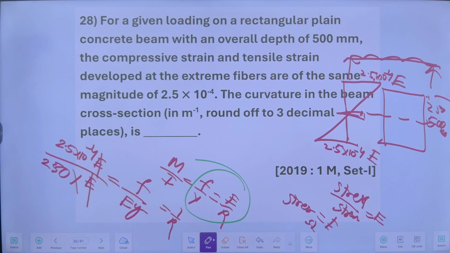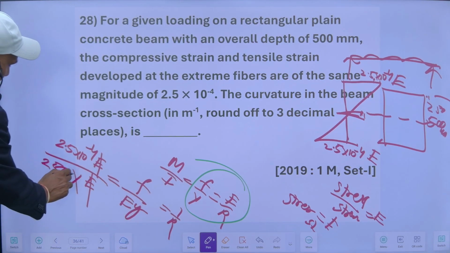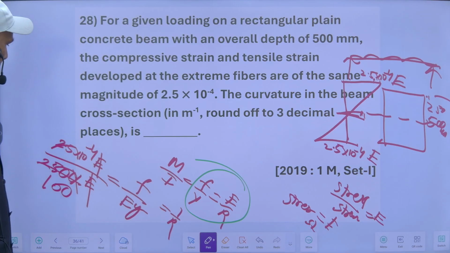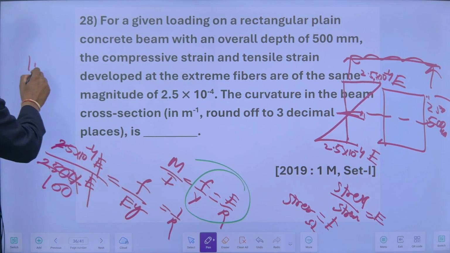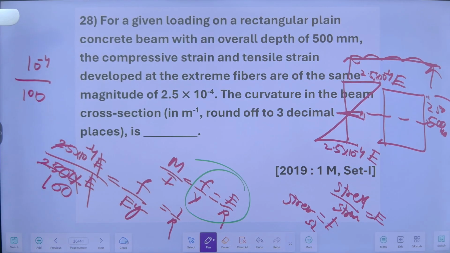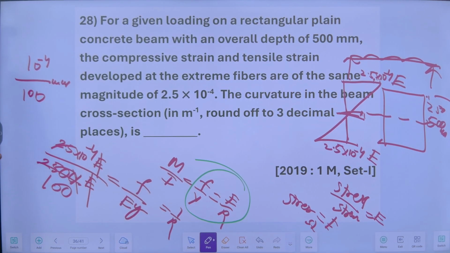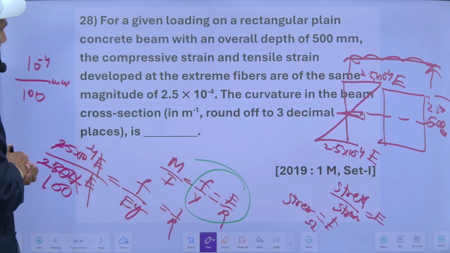So it will be 10 raised to the power minus 4 upon 100, and this is in mm. So this is my 1 upon R per mm.